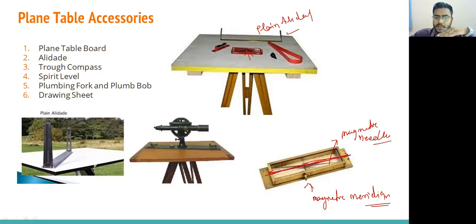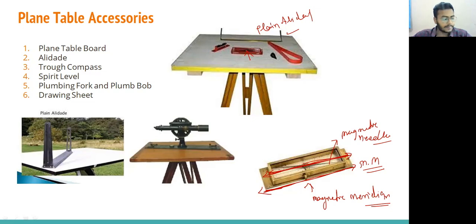Once it is in this position, we will draw a line with the pencil along this edge on the sheet. After removing the trough compass, this line will show the magnetic meridian.